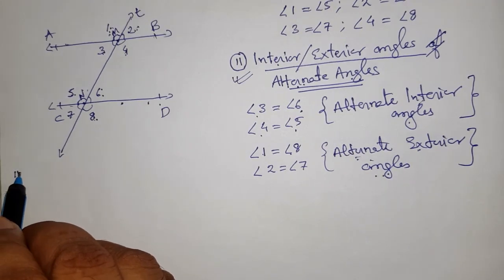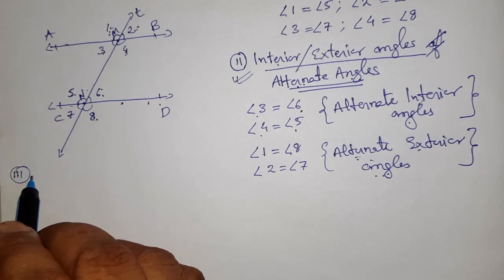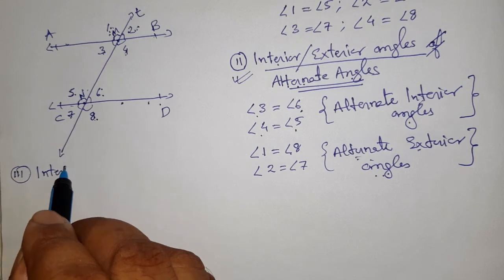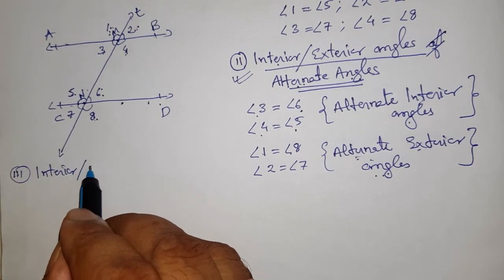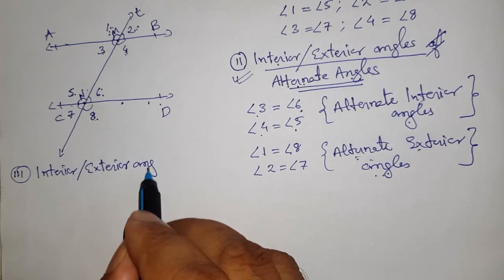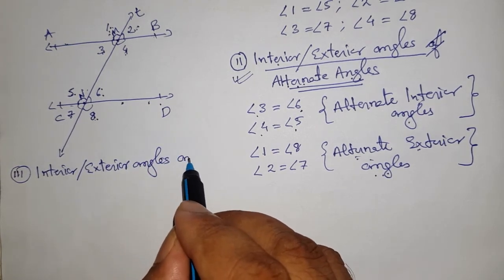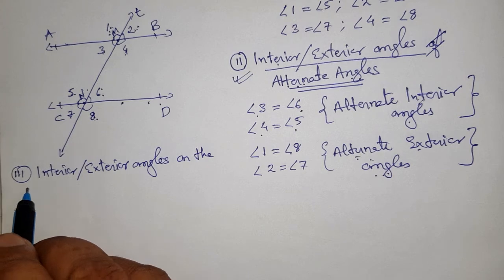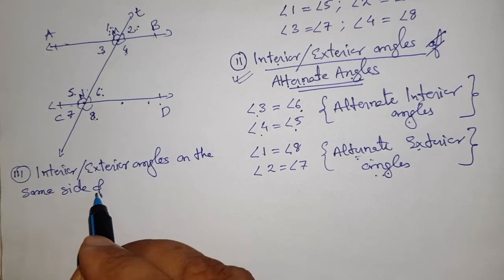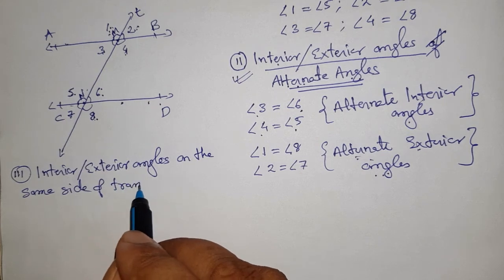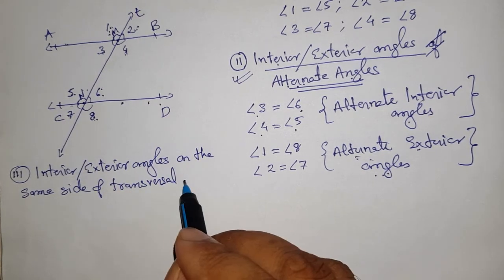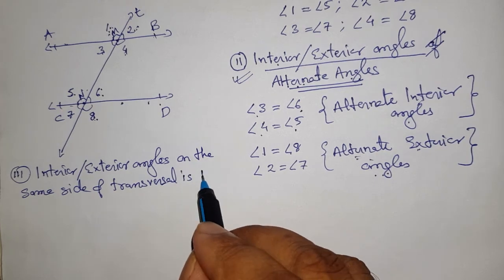So you can write the third condition, that is interior angles or exterior angles on the same side of the transversal is 180 degrees.